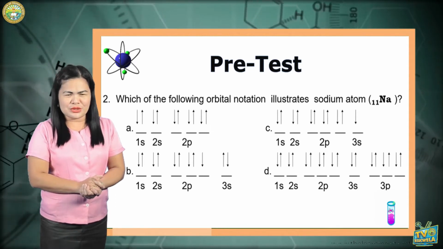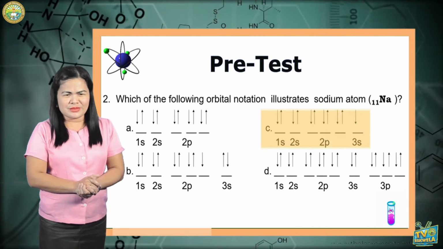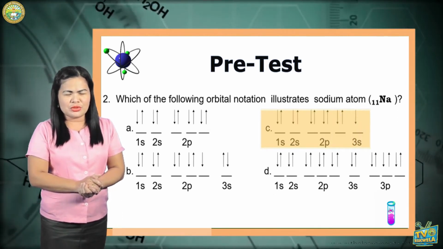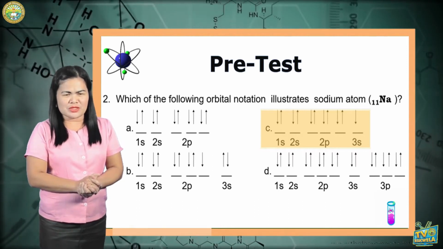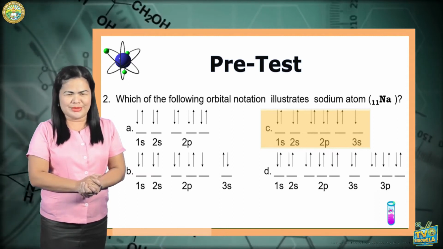The correct answer is C. 1s with 2 opposite spins, 2s with 2 opposite spins, 2p with 6 opposite spins, and 3s with 1 downward spin.